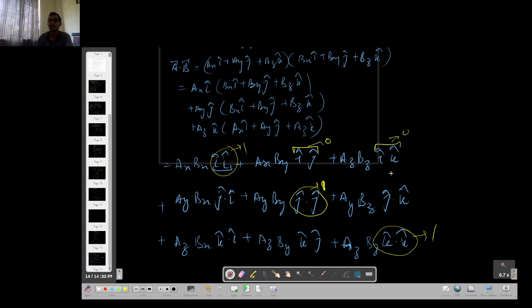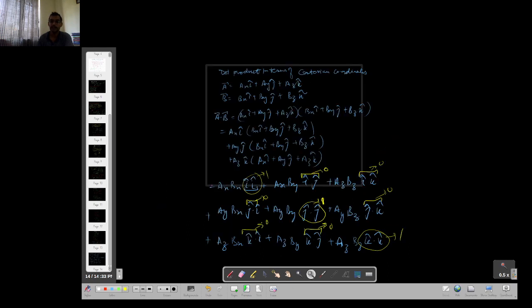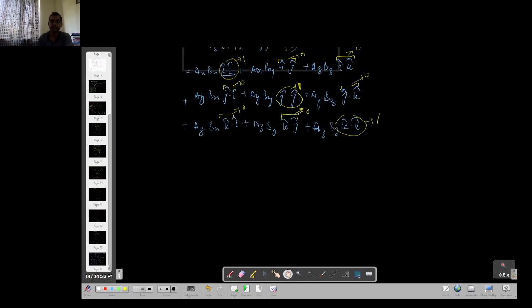The other cross terms are also 0. So that means the value we are getting is A dot B equal to AX BX plus AY BY plus AZ BZ. Right, that's what we are getting.